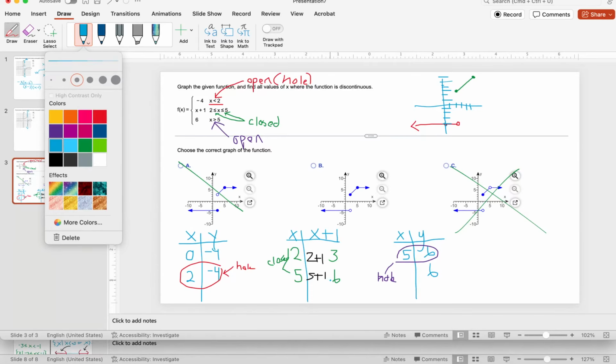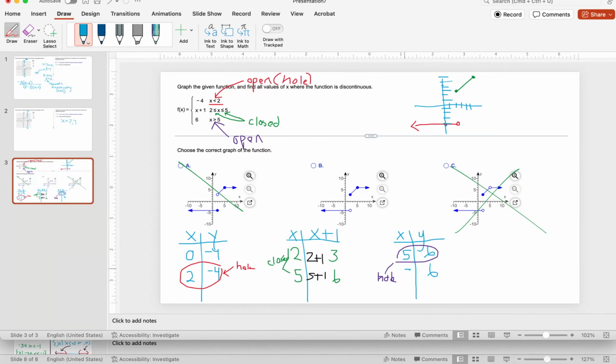This is where I'm saying if it's closed, that trumps if there's a hole. If one other piece has it closed, you have to go with that. Then we can do any point here. I don't know, 7, doesn't matter. That's going to fill in.